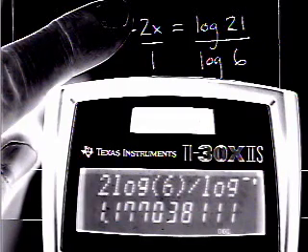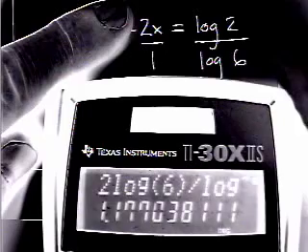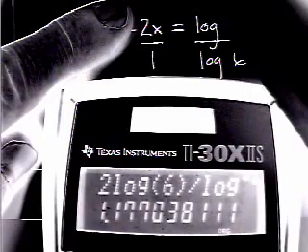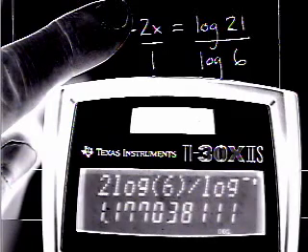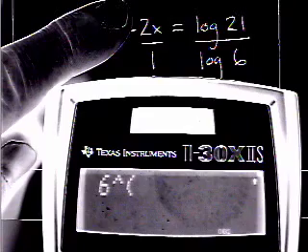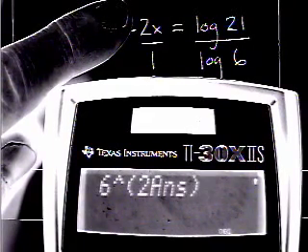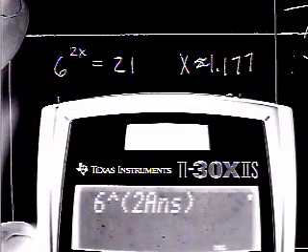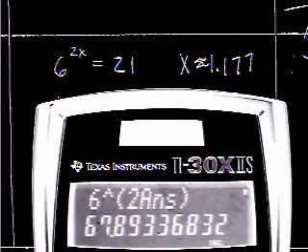Let's double check my answer to make sure I'm right. Here, I'll write it down. x is approximately equal to 1.177. Now 6 raised to the 2 answer power. If I'm right, then I should have 21 according to this. Uh-oh. Something happened.